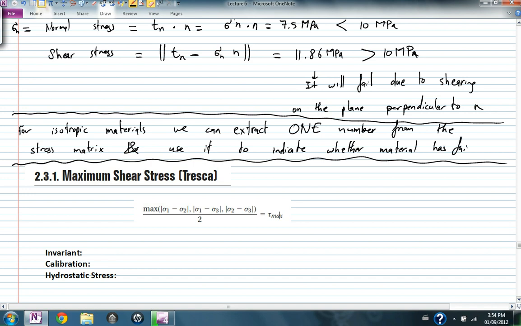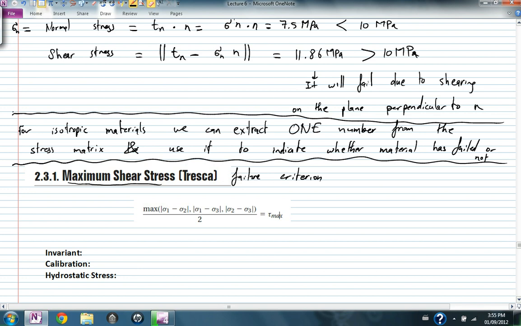And the first number that we can extract is the maximum shear stress. And this maximum shear stress failure criterion is called the Tresca failure criterion. The Tresca failure criterion basically says the following.